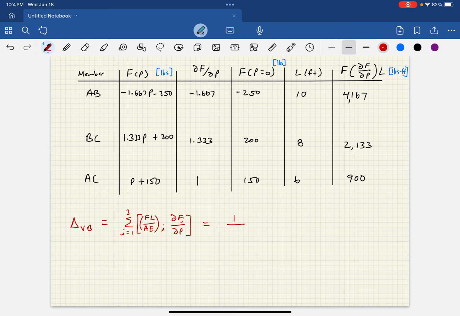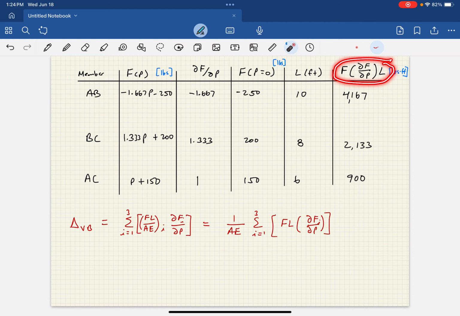We can say 1 over AE times the sum as i goes from 1 to 3 of this FL times dF dP, okay? And what we have here in this bracket is this column right here, just algebraically slightly rearranged.